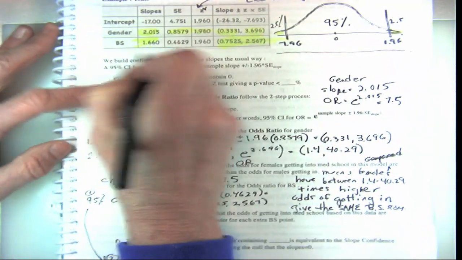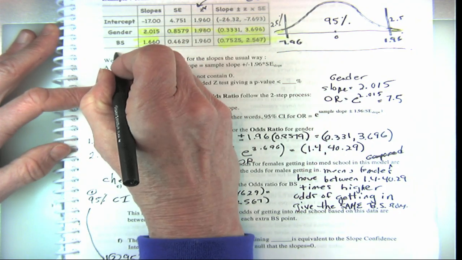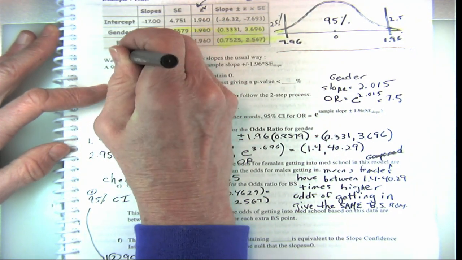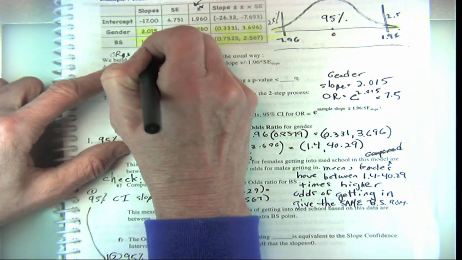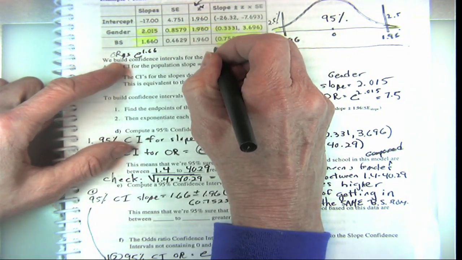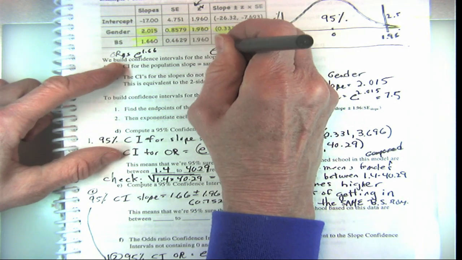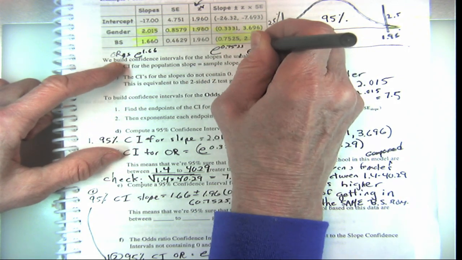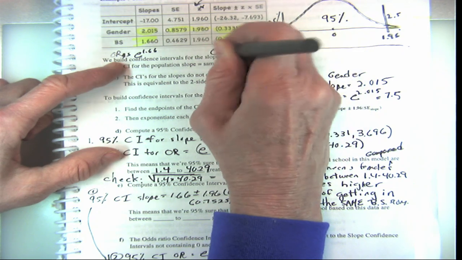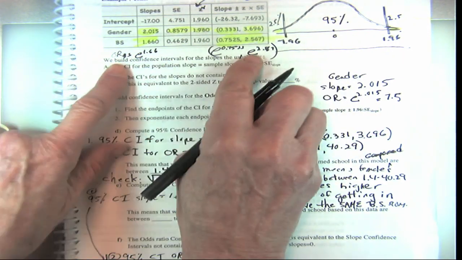I could just do the odds ratio confidence interval for this. Odds ratio for BS. Why don't I just do it here? The odds ratio would be e to the 1.66, and then you just raise e to the 0.7525 and e to the 2.567. That's what it is.